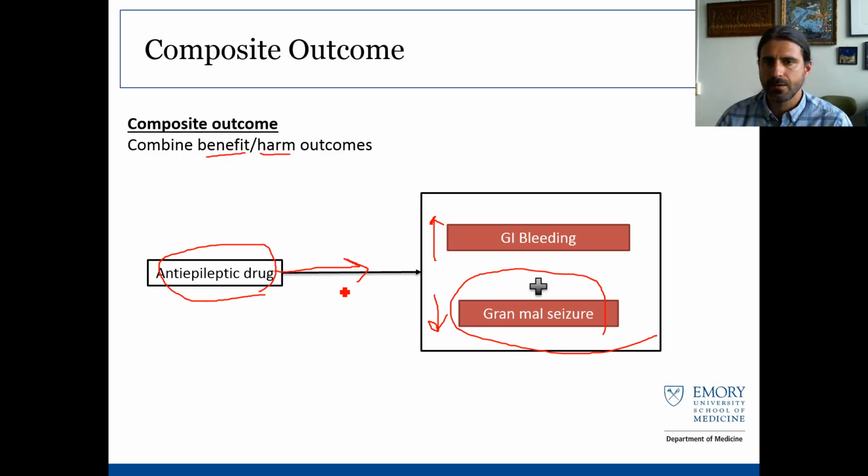Probably a better example here is an anticoagulant or a blood thinner for risk of stroke, where it decreases the ischemic strokes but increases the risk for hemorrhagic strokes. So combining those two may balance or give a more complete picture of the benefit and harm of the blood thinner.